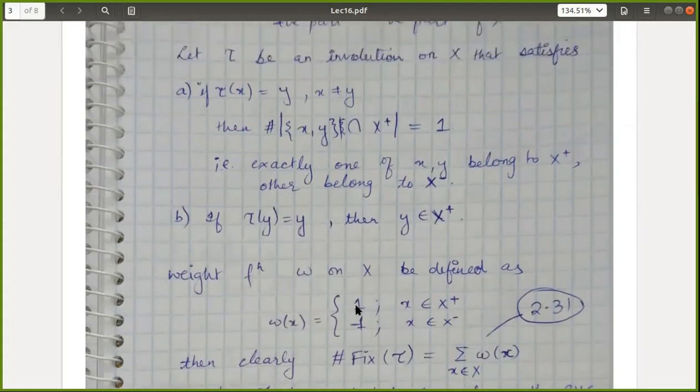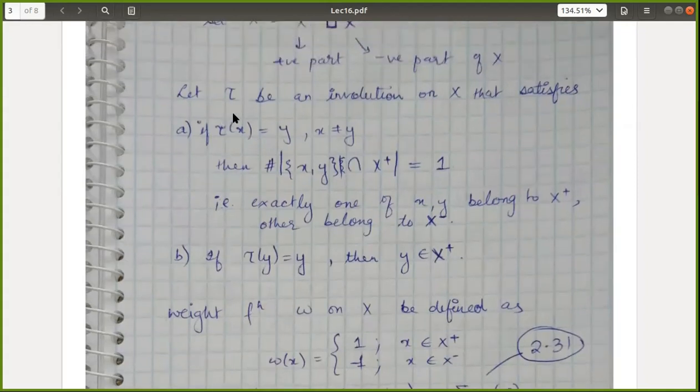Because the weight is plus 1 if it is in X plus, it's minus 1 if x is in X minus. So using this part, you know that if something is here, its pair is in the other part. So if small x happens to be in X plus, automatically y goes in X minus. So if this comes with a weight plus 1, its image will have a weight minus 1. All right.